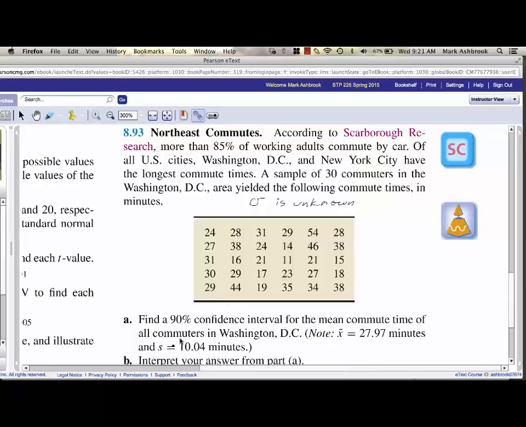So we have our sample mean, 27.97 minutes, and we have a sample standard deviation, and we're going to use that sample standard deviation instead of the population standard deviation, which means that we need the t distribution, not the z distribution.